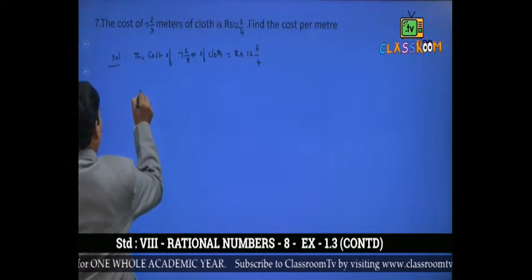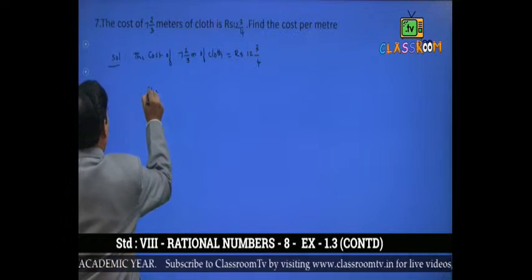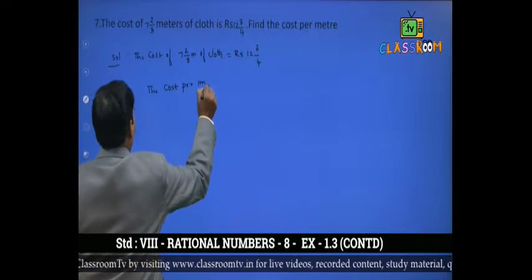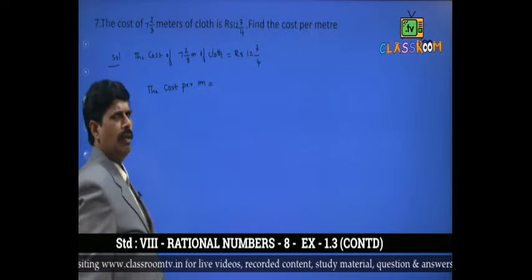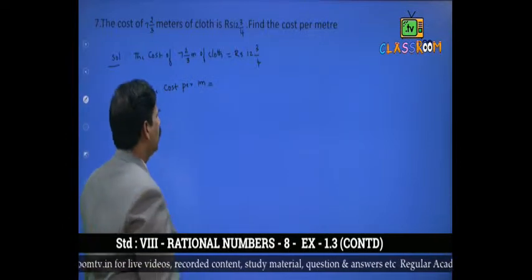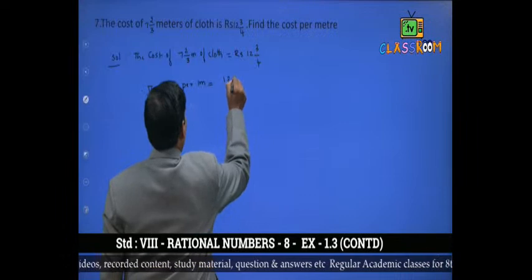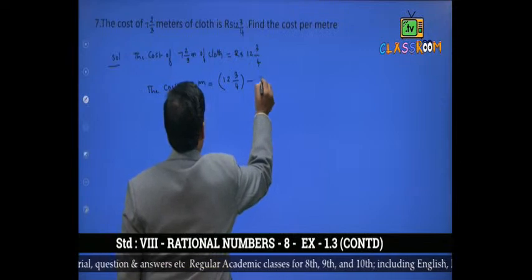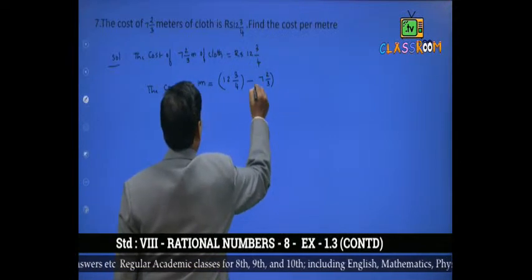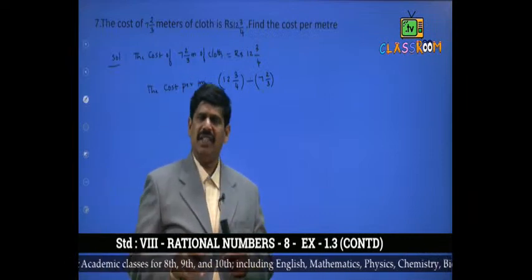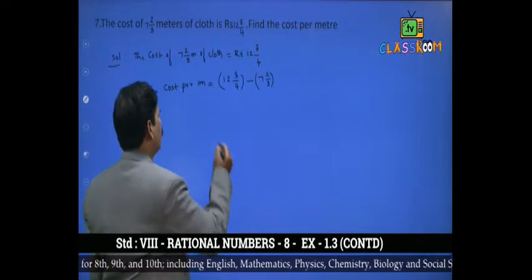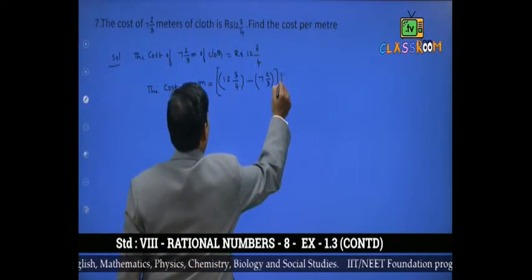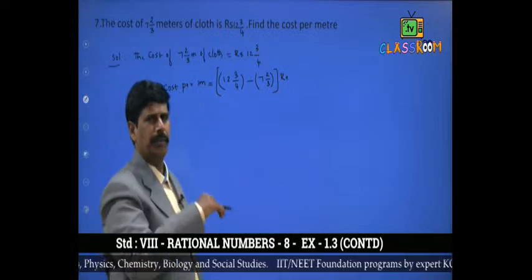So therefore the cost per 1 meter is equal to, what will be the cost per 1 meter cloth? Total value is 12 3 by 4. This you have to divide with 7 2 by 3. As it is the cost, so you have to take rupees. Is it clear? You can write it before also.